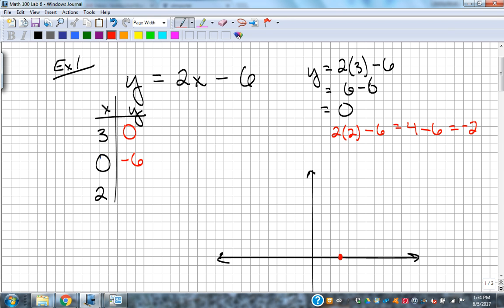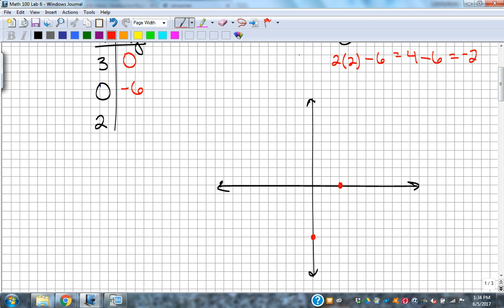Should be negative 2. With the x value of positive 2, it's at negative 2, which would be right there. And then we can draw the line that connects those 3 dots, and that would be the graph of that equation using the ordered pairs that we've built.